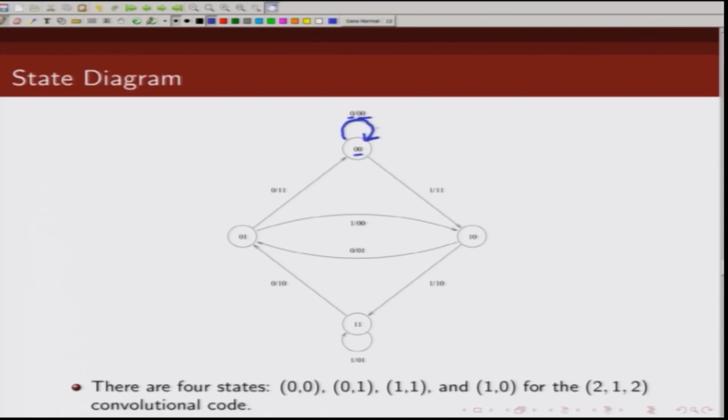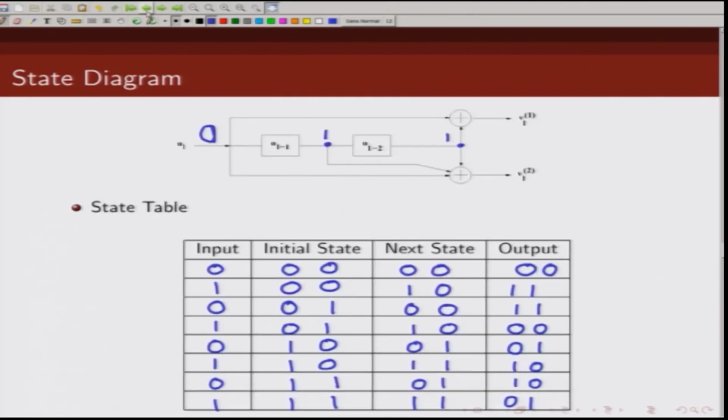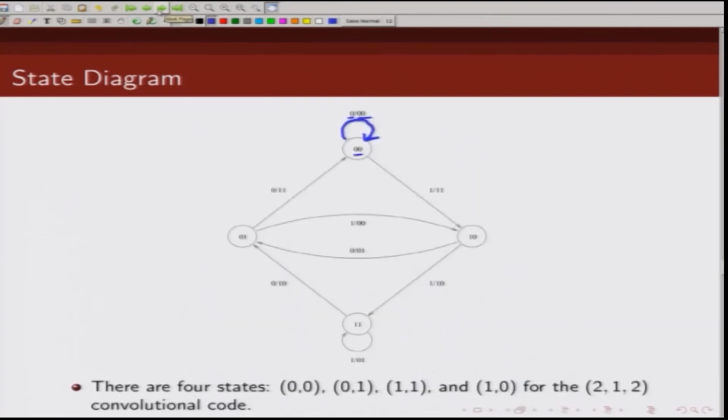Now, what happens when you are in 0 0 state and you receive a 1? If you are in 0 0 state and you receive a 1, you move to next state 1 0, and the output is 1 1. So, note how I am writing this state transition graphically.